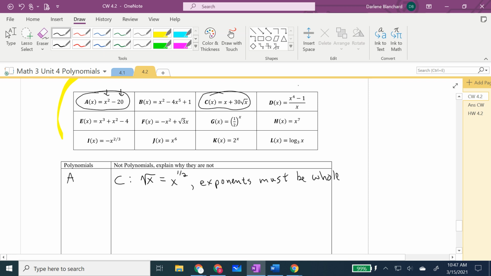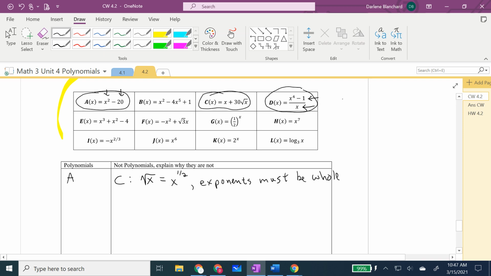Now, letter D. A polynomial is not a division of, this is actually showing a division of two polynomials.